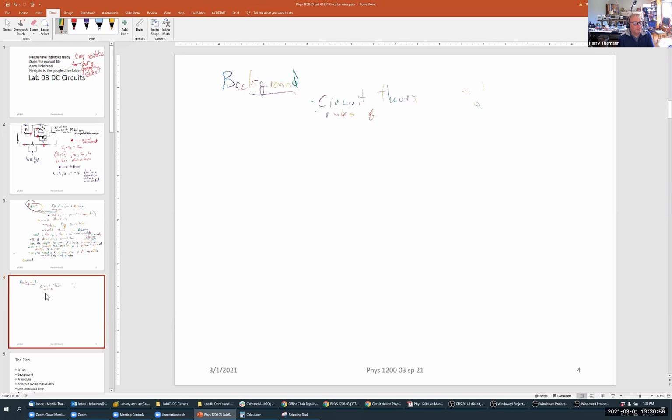In parallel, multiple paths, the currents add to the total, and the voltages are all the same. And then you say this allows us to say that since the voltage drop is equal to IR and I is the same for everybody, R equivalent equals R1 plus R2 plus R3.